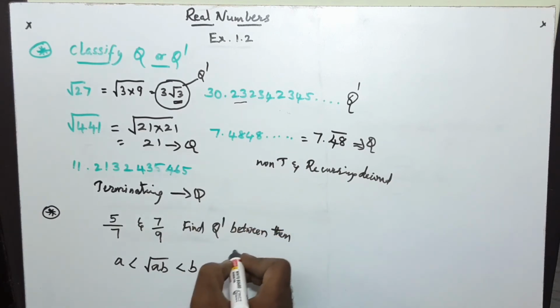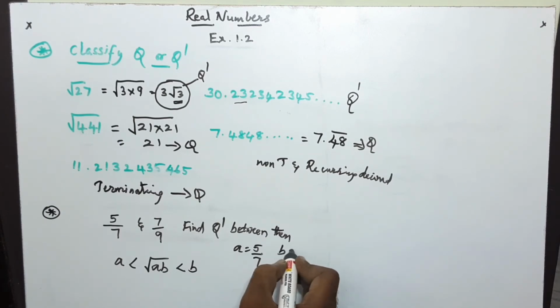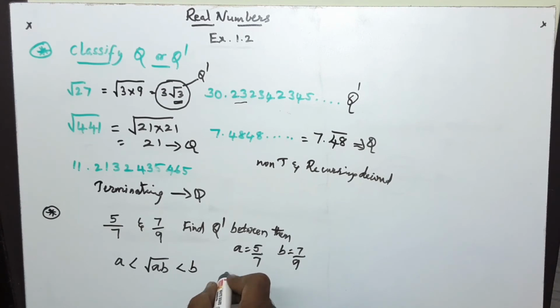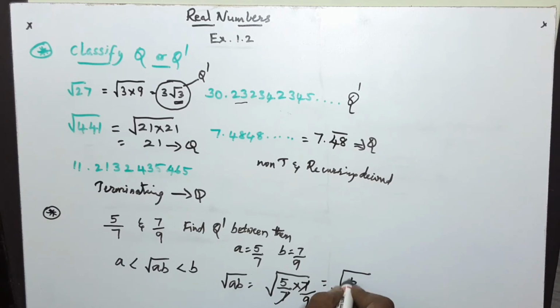So here we consider a equals 5/7, b equals 7/9. Root ab equals root of 5/7 into 7/9. The 7s cancel, so root of 5/9.